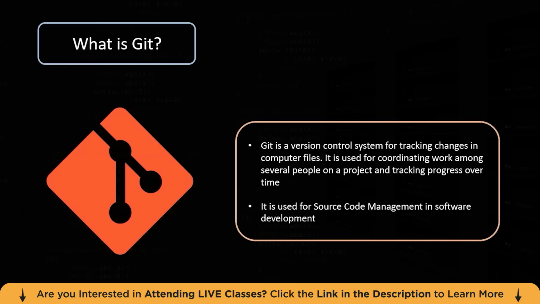Now you may have different projects, different repositories, multiple developers, multiple collaborators working on different projects. So it's a very extensive tool which is used by different developers, and in fact it is not only limited to developers. A lot of other people also use this specific tool.